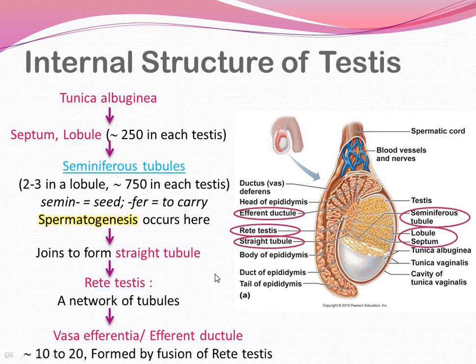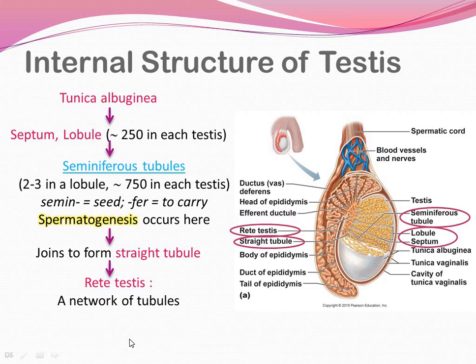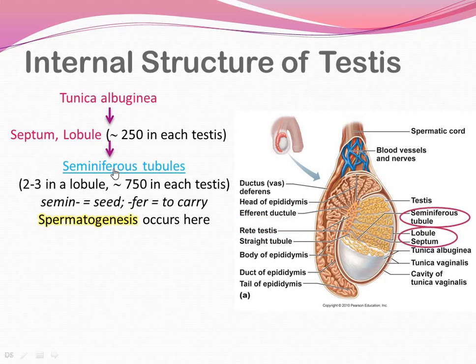But definitely the structure which facilitates the movement of sperm from rete testis to epididymis is a very important male sex accessory duct, and that is called the vasa efferentia.